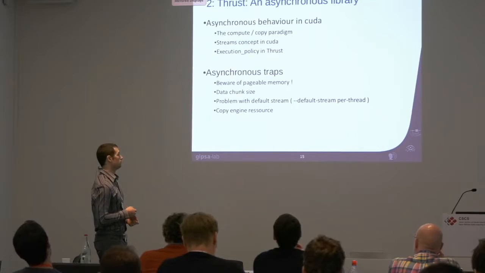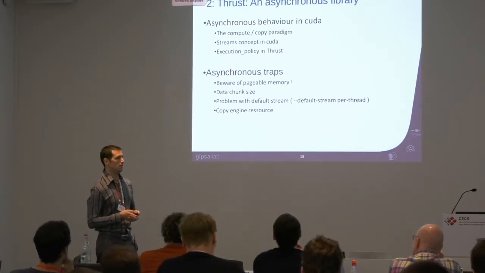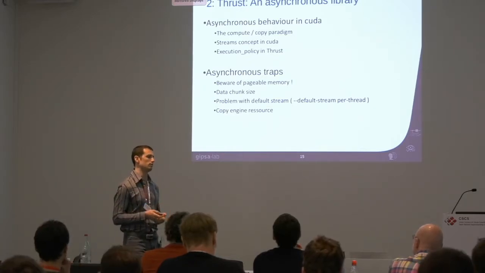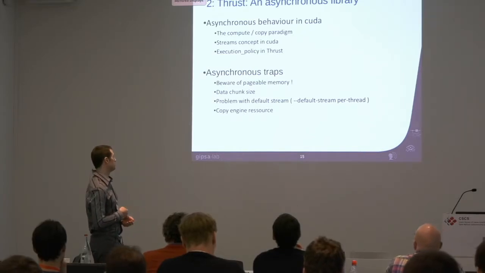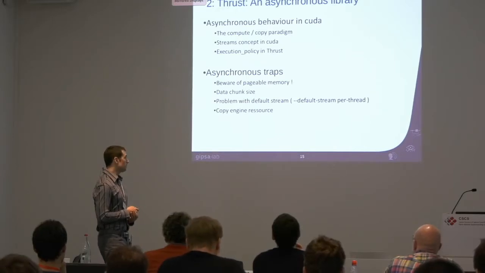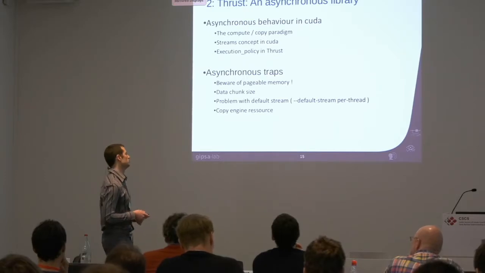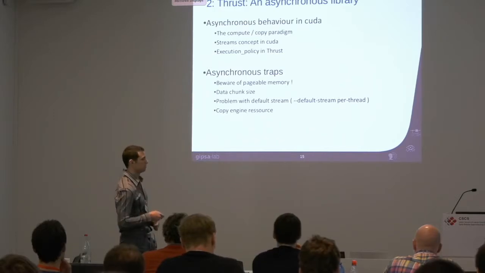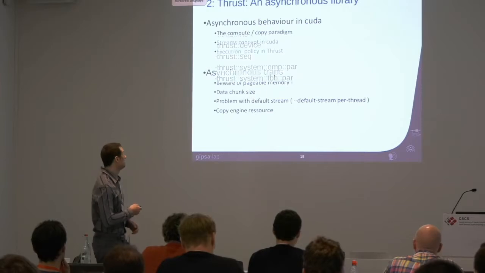As always, if you divide your workloads into chunks, you have to be careful about the size of the chunks to be sure that in practice you will get acceleration from dividing your data. Don't use the default stream. Allocate your own streams if you want to use the asynchronous library, and be careful about the copy engine resources of the GPU you're using. I'll get back to that later.